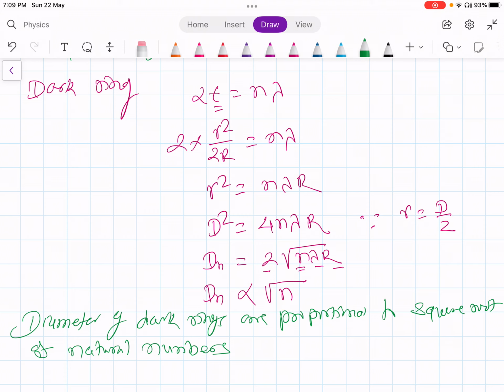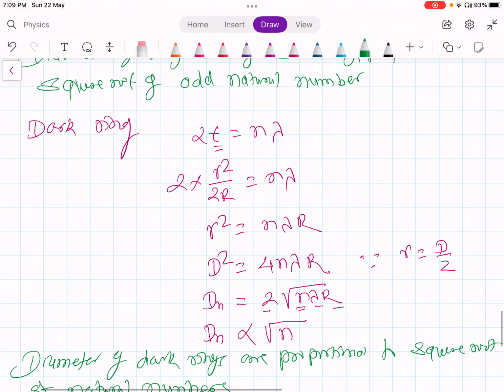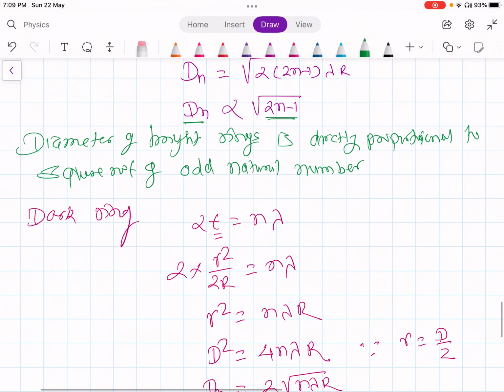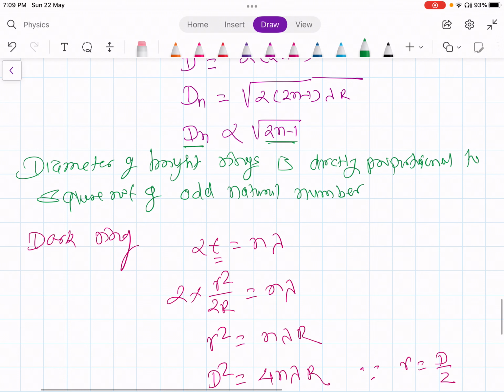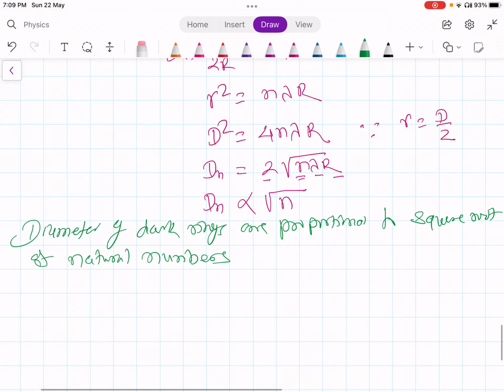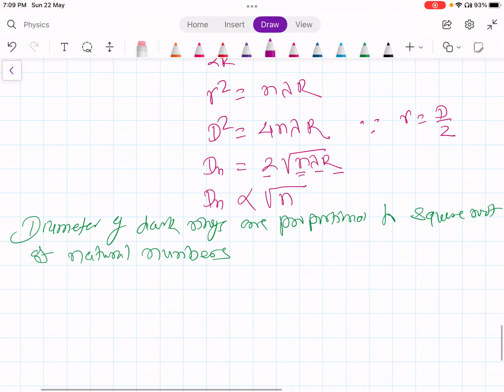So this is what we have studied for dark rings and bright rings, and these dark and bright rings are called Newton's rings, as Newton gave the explanation for this phenomenon. These Newton's rings are used for measurement of wavelength. This experiment is particularly used for determination of the wavelength.